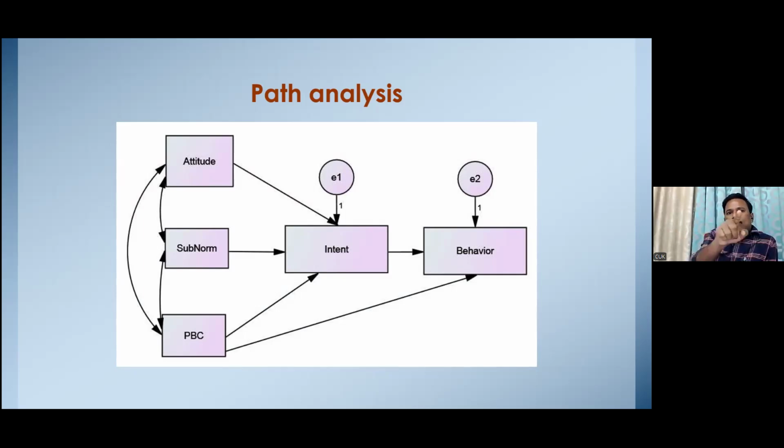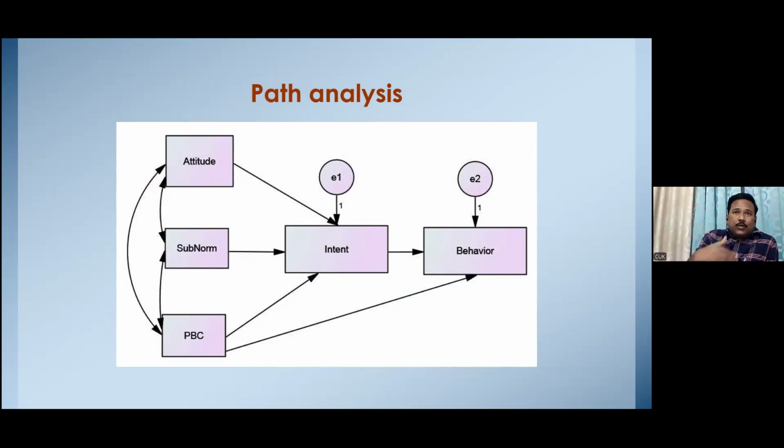There is an arrow from PBC directly to the behavior, and a direct arrow from the intent to behavior. Similarly, there is another multiple linear regression, because here you have predictor variables and one dependent variable. With intention as an outcome variable, you can also predict which predictor variable is the better predictor for the intention: attitude, subjective norms, or the PBC. All three variables have an arrow towards the intention.